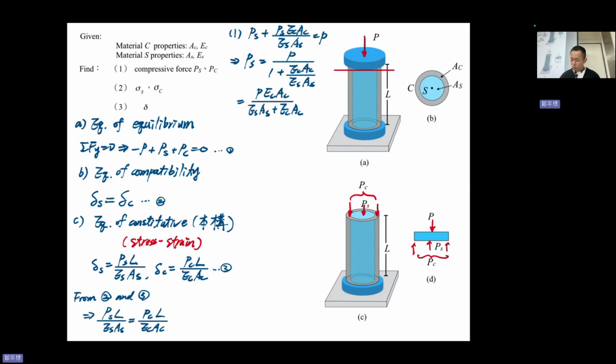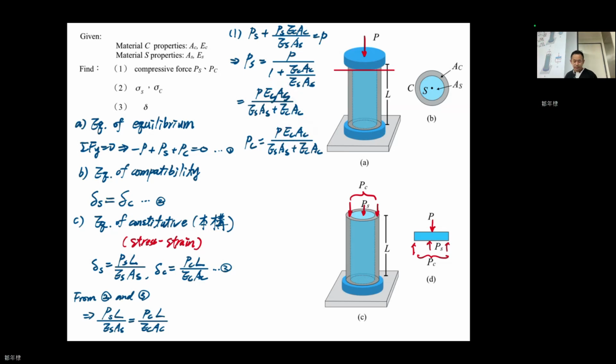How about PC? You can substitute PS back into the equation of equilibrium to get PC. How about I do some trick? So this is PS, okay, this is the PS, and this is ECAC.